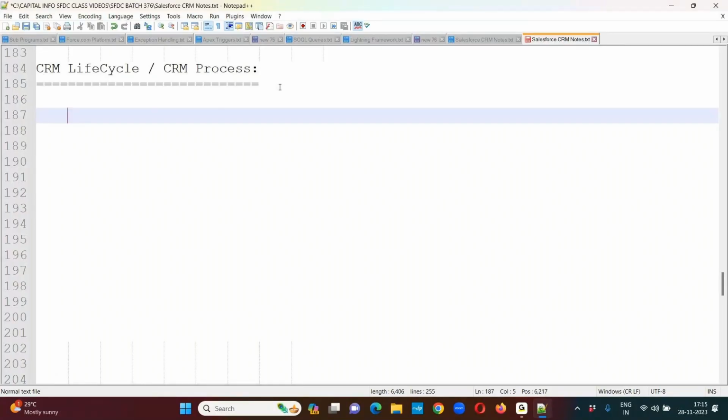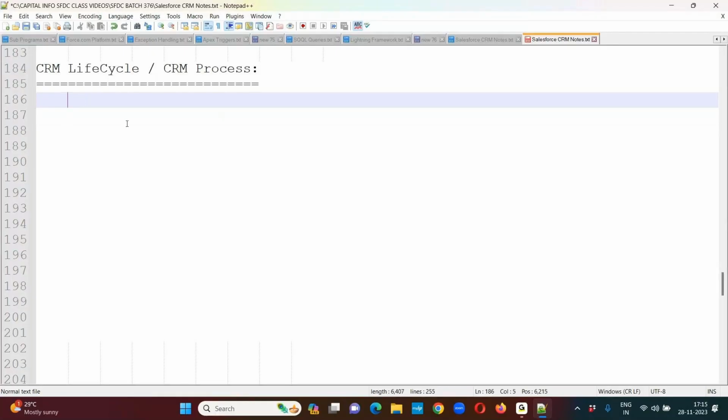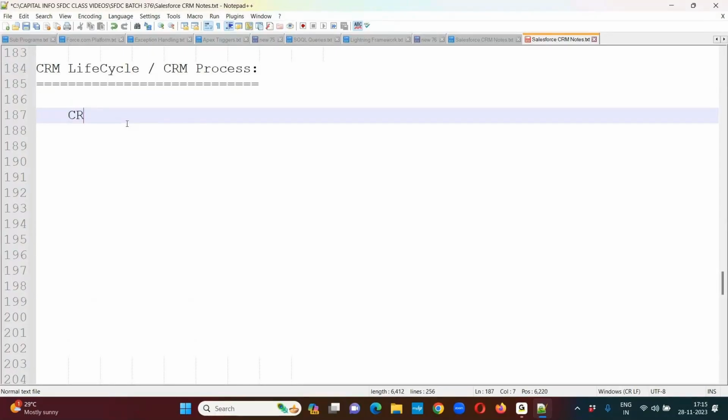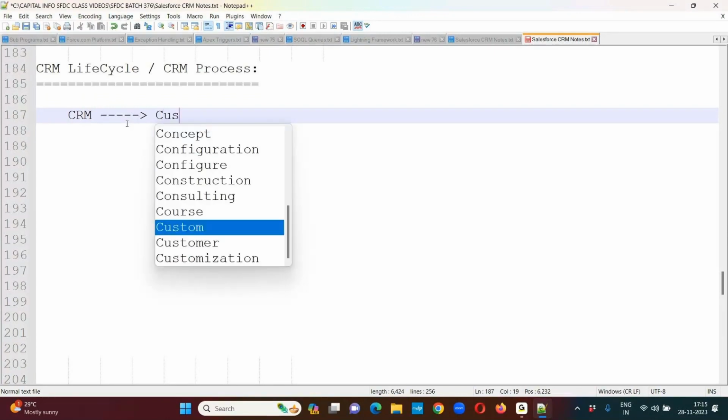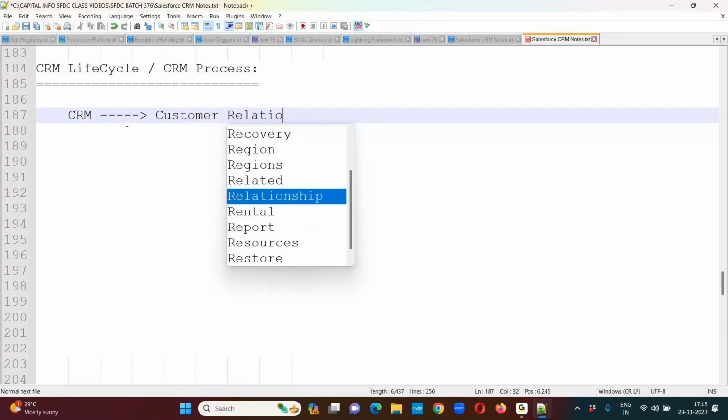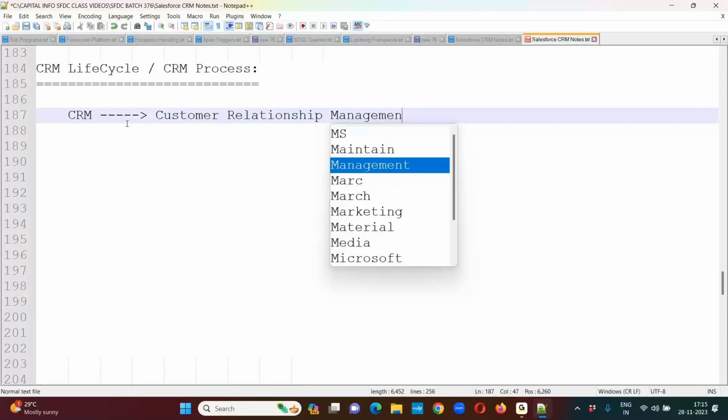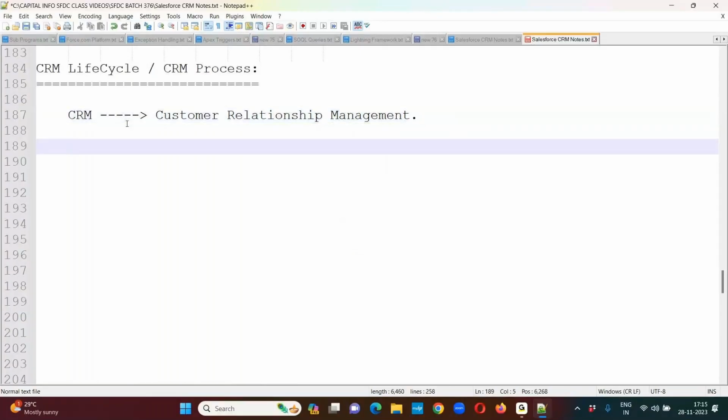So now let's see. We already know CRM stands for Customer Relationship Management, which is used to store all the customers' data at one place.